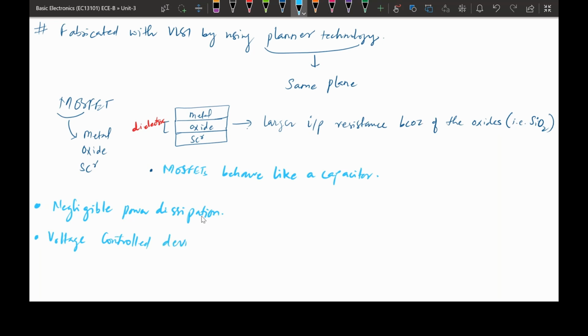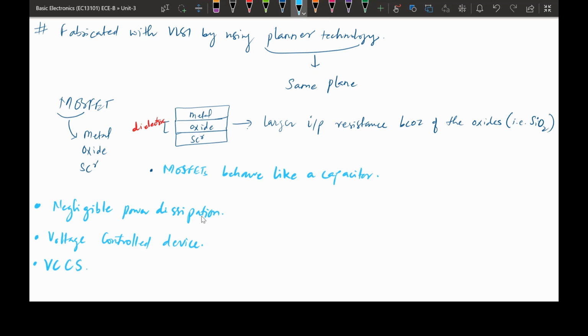Voltage controlled device means we provide the input as a voltage, and the output we get is current. So it is a voltage controlled current source.